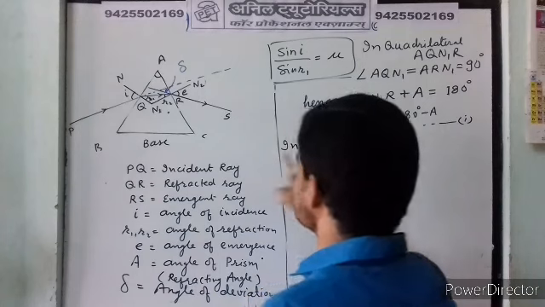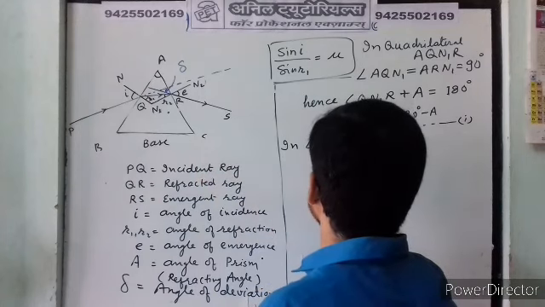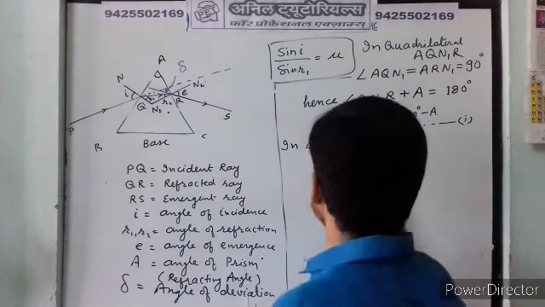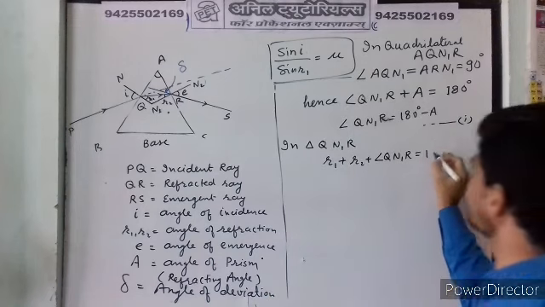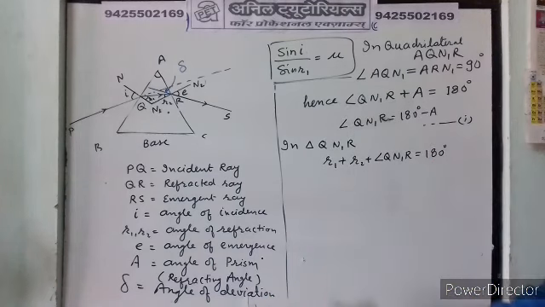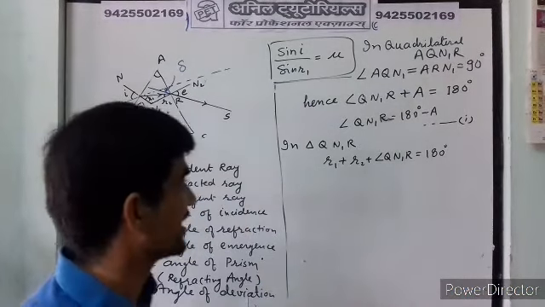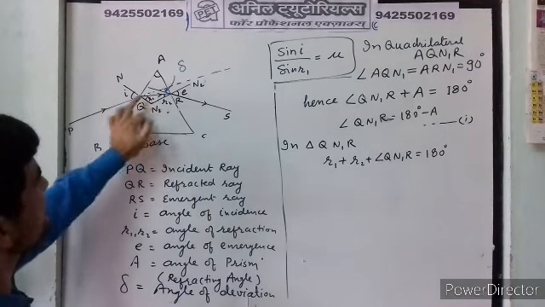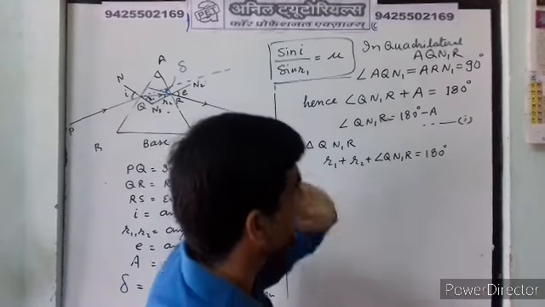We will get angle R1 plus angle R2 plus angle QN1R equal to 180 degrees. The sum of all the interior angles of this triangle QN1R is equal to 180 degrees.